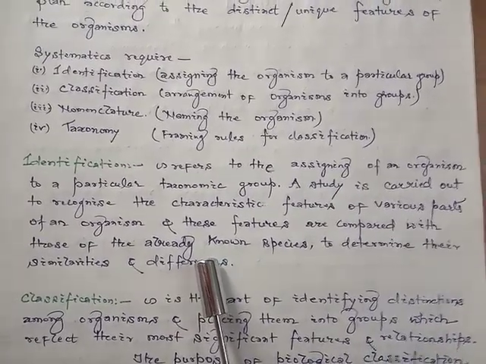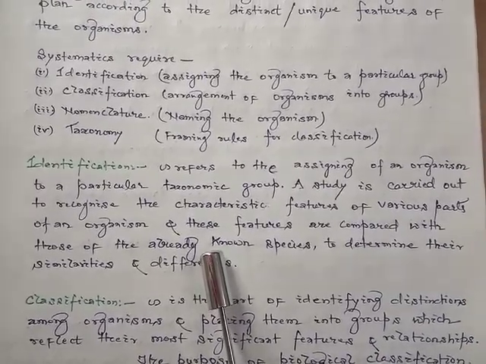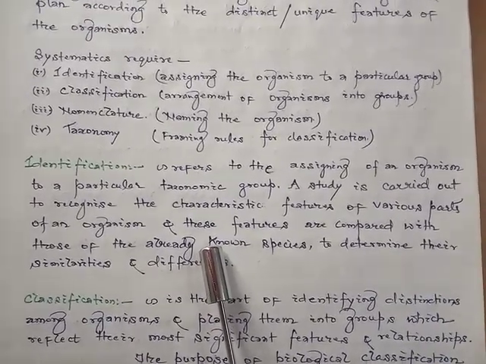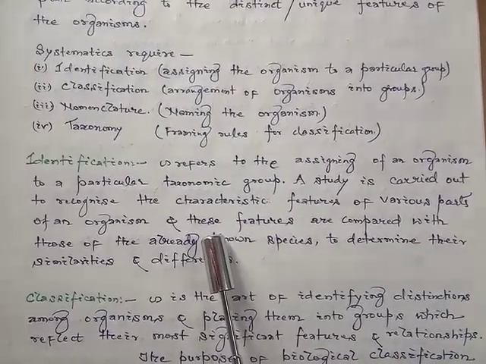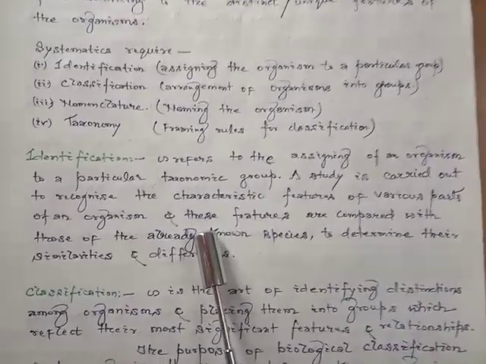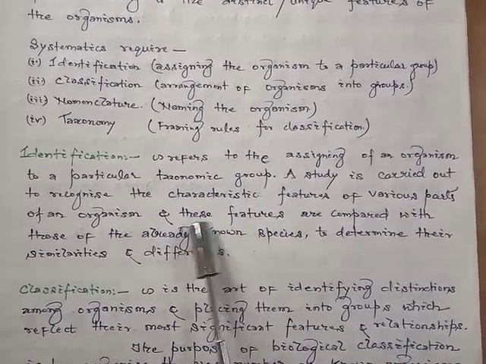So, how are they identified? We may correlate with the symptoms and signs of diseases. Just like physicians match the symptoms with the signs of the diseases and identify that the patient is suffering from such and such disease.